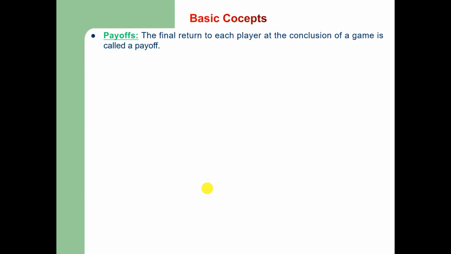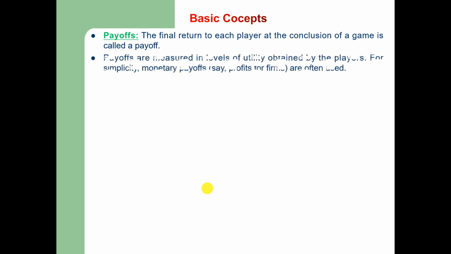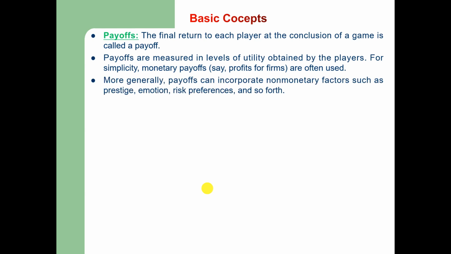The third basic element of the game is payoffs. The final return to each player at the conclusion of the game is called a payoff. Payoffs are measured as levels of utilities obtained by the players. Sometimes monetary payoffs are used, say profits for firms in a market situation. Generally, payoffs can incorporate non-monetary factors including prestige, emotion, risk preferences, and so forth.